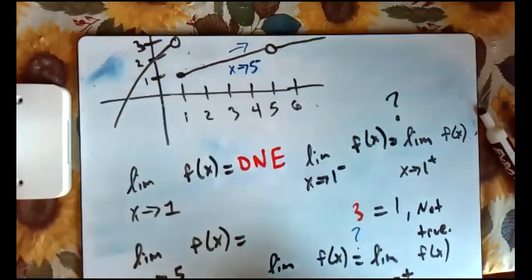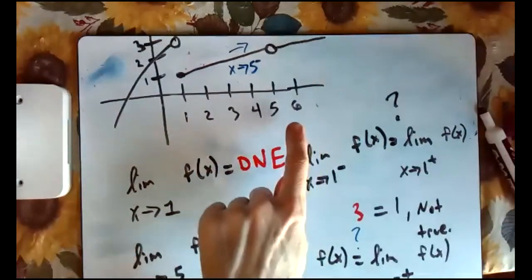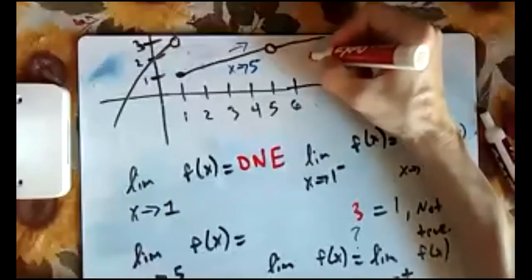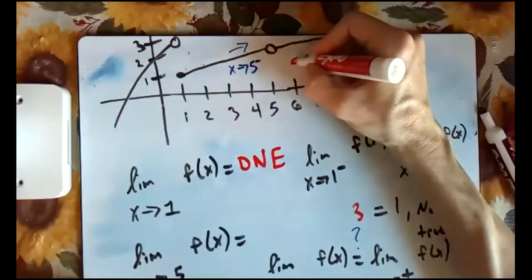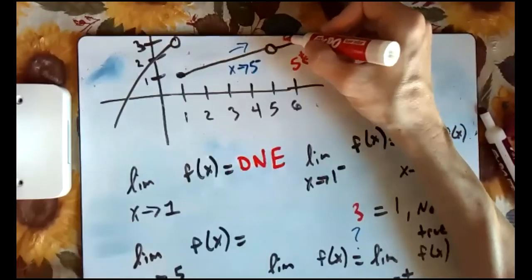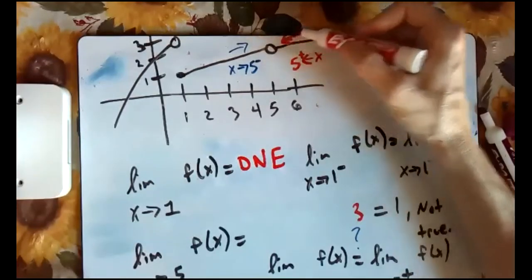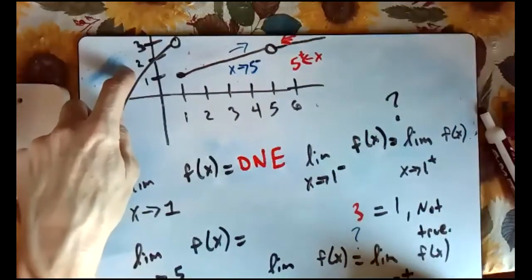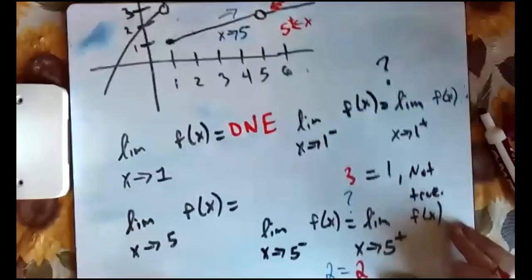Likewise, what about if we approach 5 from the right? Like I'll just do it like this. So if we approach x equals 5 from the right, we're following this function right here. Where's the y value going? To 2 right there.